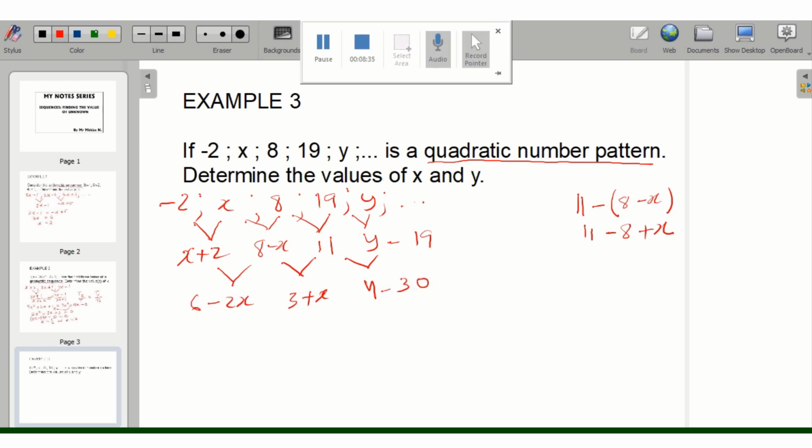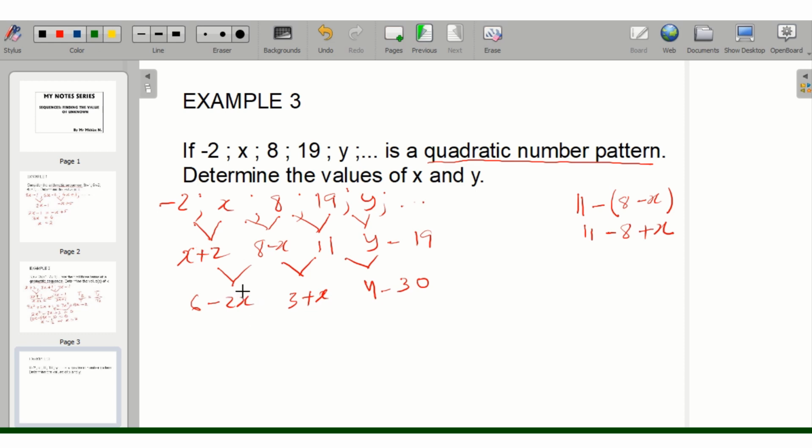Now, what do you know? What is the relationship between this and this? Well, they are supposed to be equal. So if they are equal, 6 minus 2x is equal to 3 plus x. So what does that mean?